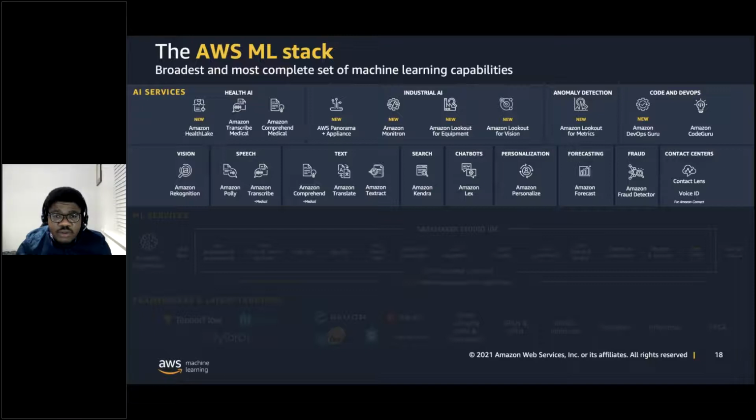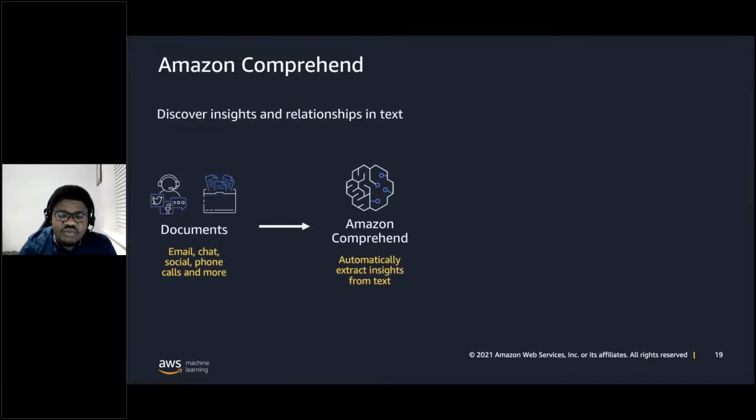If you want to implement chatbots, we've got Amazon Lex. If you want to start looking at anomalies within your metrics, so for example, you have revenue data, sales data, clickstream data, and you want to start identifying potential anomalies within that data in an automated fashion using AI and machine learning, you've got Amazon Lookout for Metrics to help you do that. I will take you through a couple of examples of these AI services and what they do.